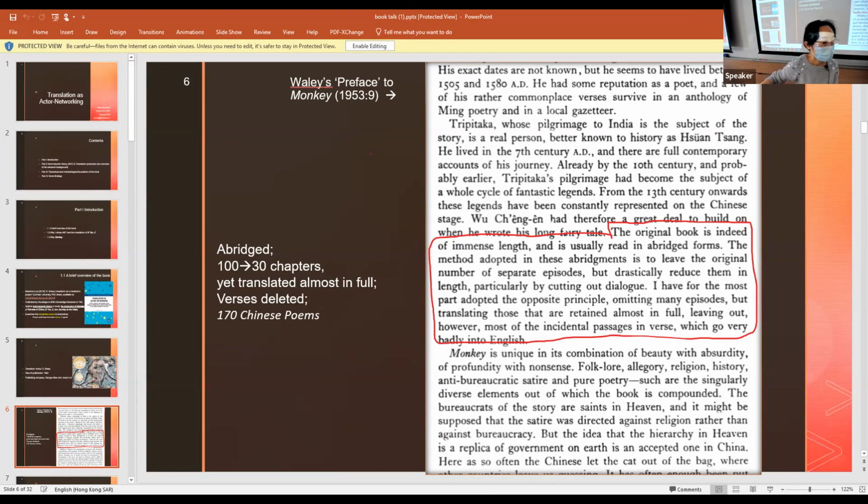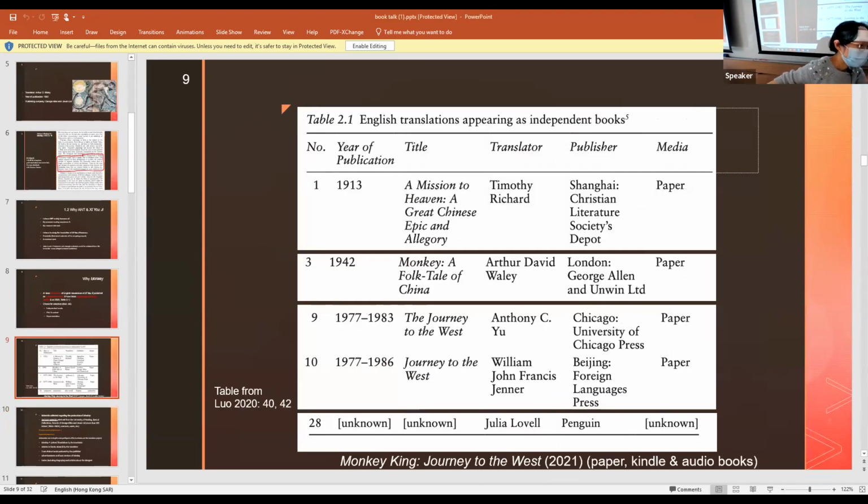Sorry, full screen. If I make it full screen, I can't see this. Okay, then I'll change it.